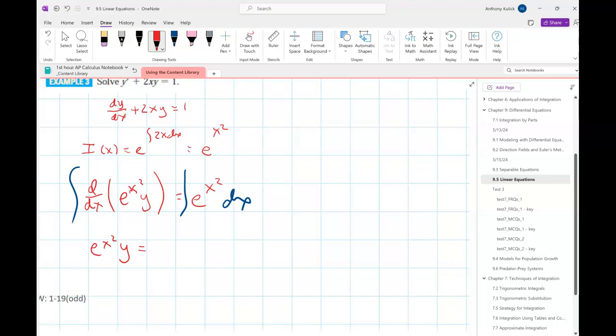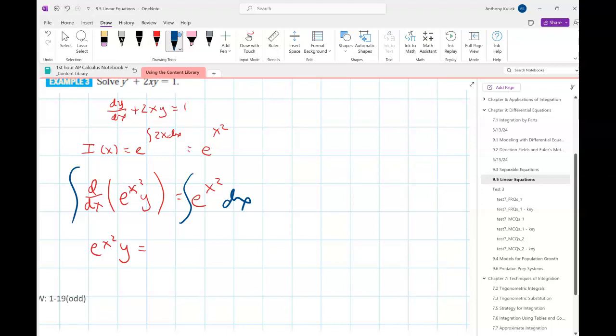Good question. Well, it's an indefinite integral, so the calculator would not help you here. Guess what? We don't. Leave it.